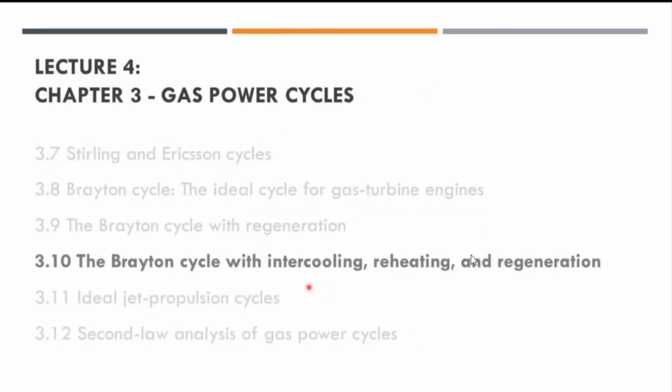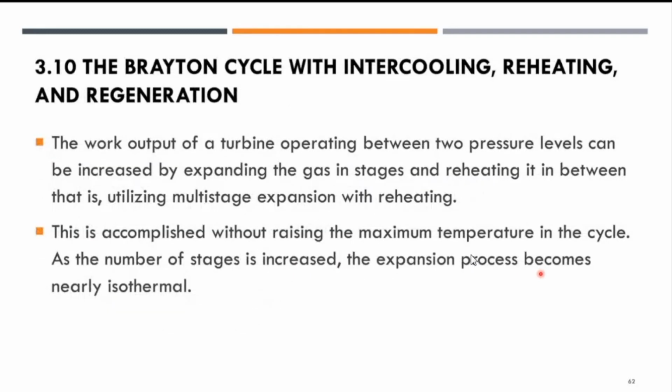Now we want to look into a more complex system where, instead of having regeneration only, we introduce intercooling, reheating, as well as regeneration at the same time. The work output of a turbine operating between two pressure levels can be increased by expanding the gas in stages, as well as reheating it in between, utilizing multi-stage expansion with reheating.